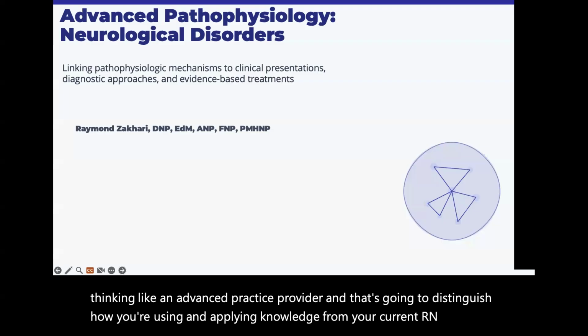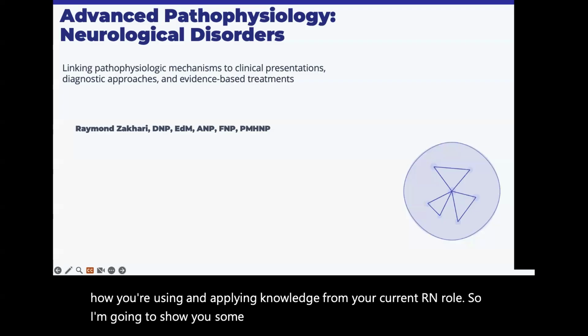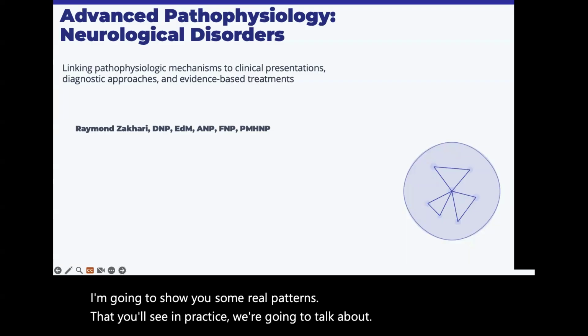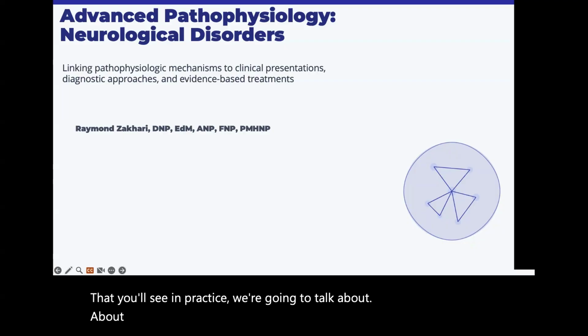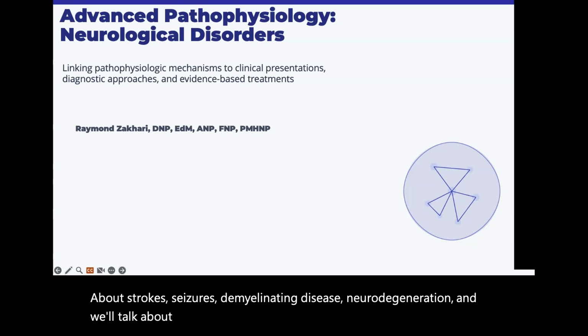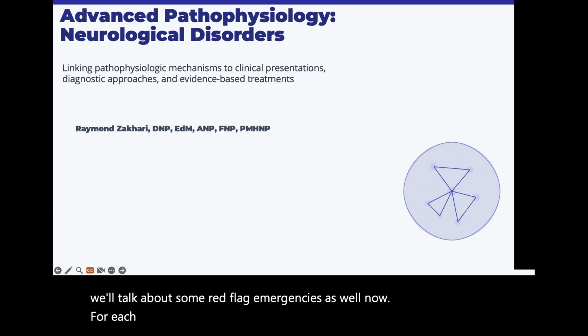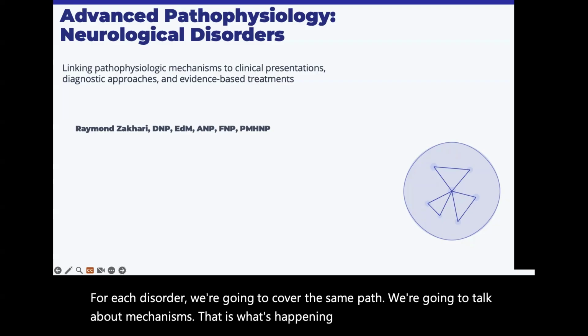I'm going to show you some real patterns that you'll see in practice. We're going to talk about strokes, seizures, demyelinating disease, neurodegeneration, and we'll talk about some red flag emergencies as well. For each disorder, we're going to cover the same path. We're going to talk about mechanisms, that is, what's happening at the level of neurons, vessels, myelin.